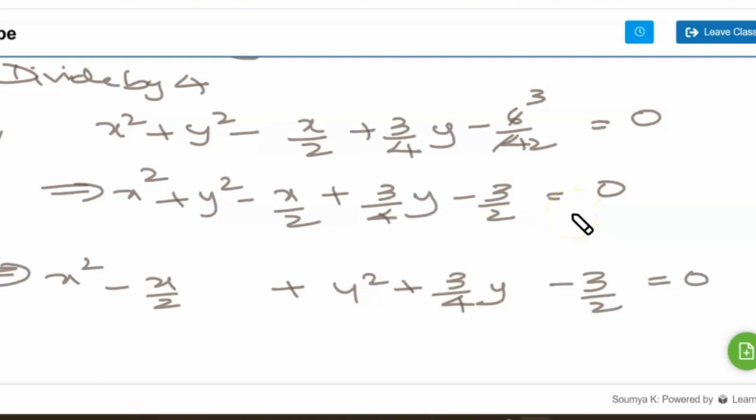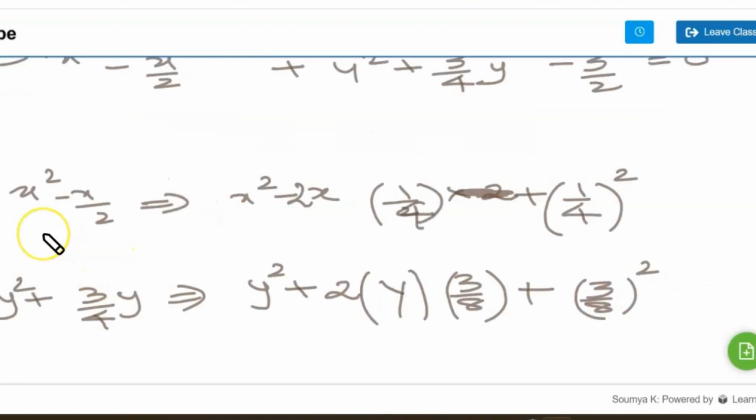Now we have to complete a formula like a minus b, so in that form we have to write. So we are arranging them such that x square and this x term are together, and for understanding I have written it far away. Then y square and 3 by 4 y, and this extra constant is here. So nothing, we have just rearranged.